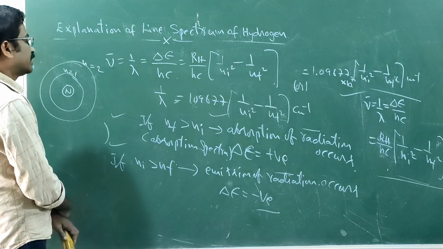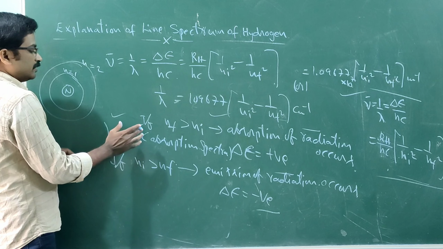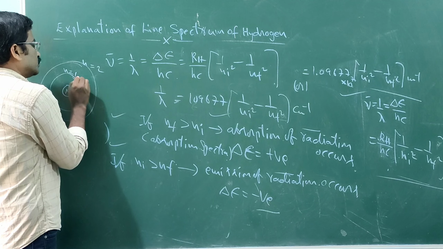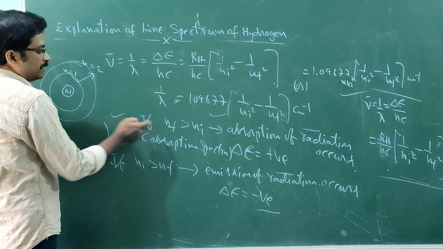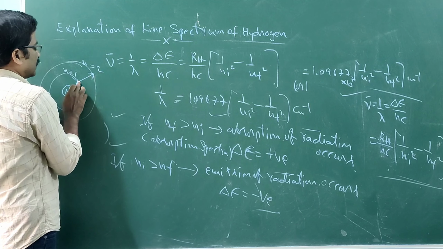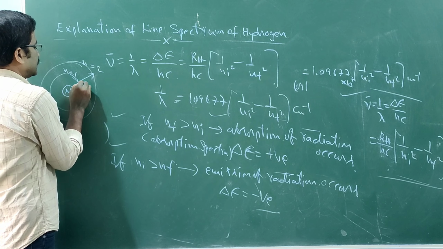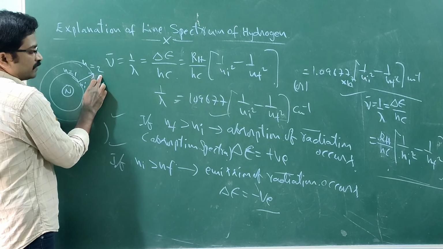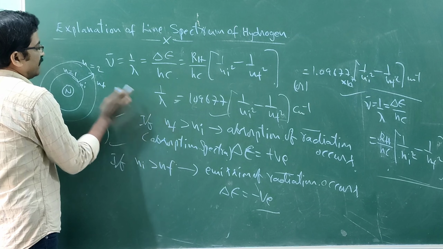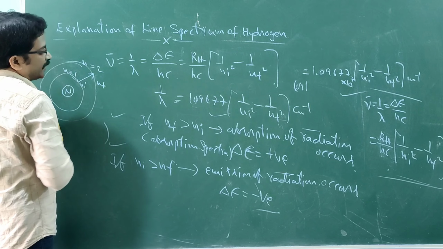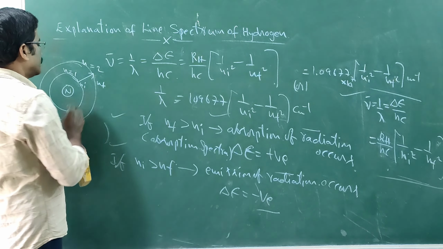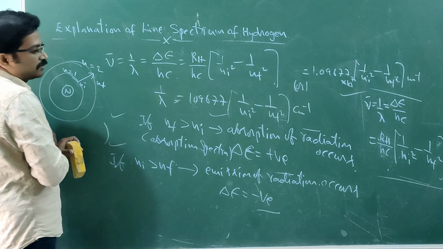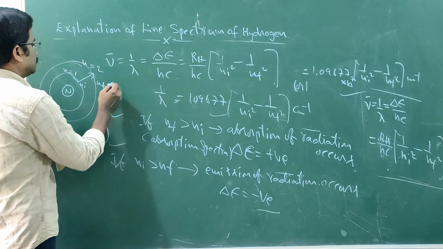When the electron goes from N is equal to 1 to N is equal to 2, it means the electron goes from initial to final. That is the reason why the final state has a higher value. N is equal to 2 is bigger than N is equal to 1. So here absorption takes place. Electron goes from initial 1 to 2. This means absorption.